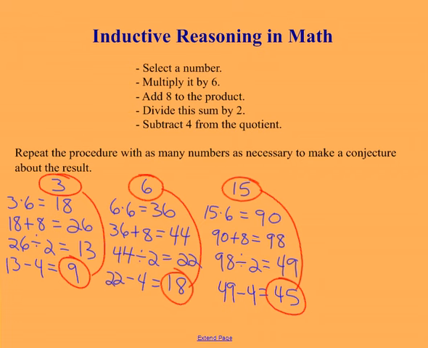So we're starting to see a pattern here. Based on the pattern that we're seeing, based on the experience, based on inductive reasoning, we can make the conjecture that the process shown here will always result in the number that is 3 times the original number.